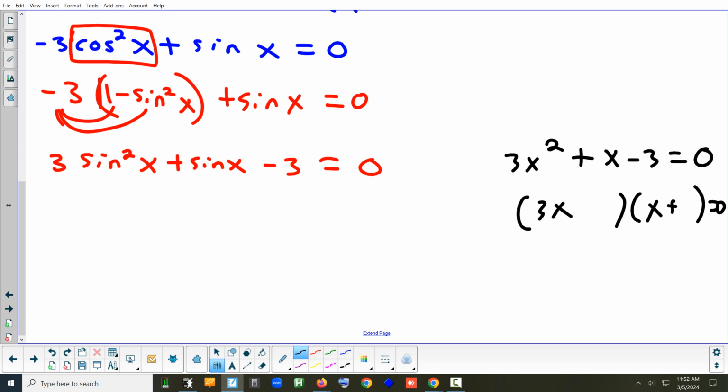So you could try like a plus and a minus. And you need 2 numbers that multiply to give you 3. So you could try a 1 and a 3. But no matter how you do it, you could switch the 1 and the 3. You could switch the signs. It's never going to quite work. So this is not factorable. So what can we do when it's not factorable? Right. We do quadratic formula.